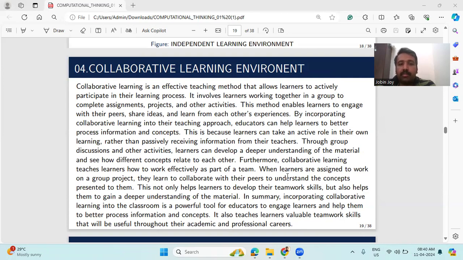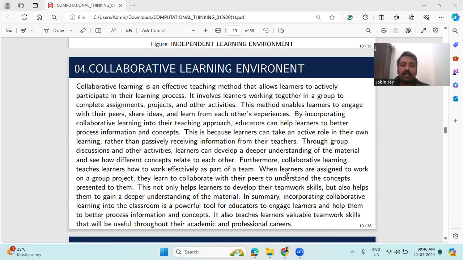By incorporating collaborative learning into their teaching approach, educators can help learners to better process information and concepts. This is because learners can take an active role in their own learning rather than passively receiving information from their teachers. Through group discussions and other activities, learners can develop a deeper understanding of the material and see how different concepts relate to each other.